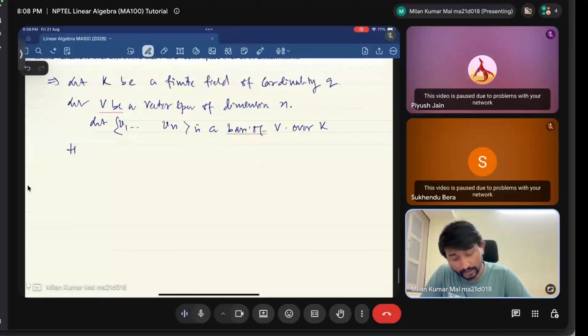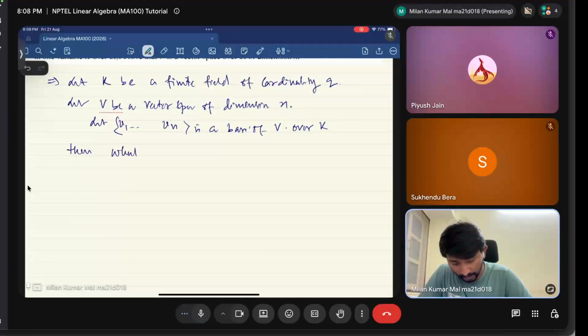Then what are the general elements in V?